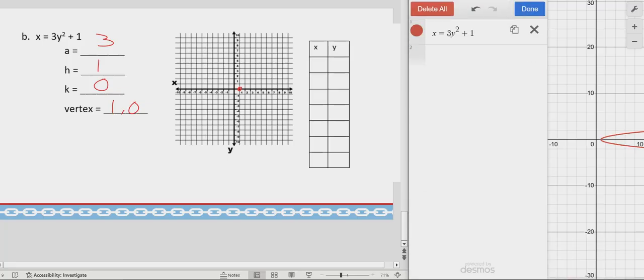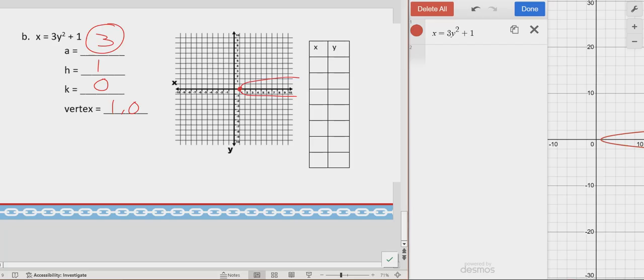And we are unable to make a table of values with Desmos in this x equals equation. The main thing I want you to recognize, though, is that this opens sideways. And the opening is going to be on the right because it is positive.